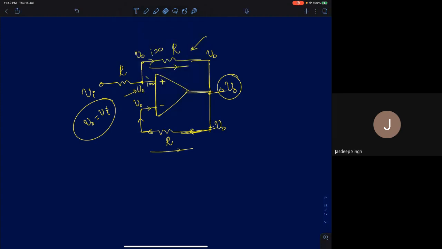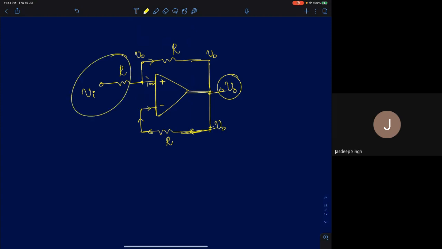Now the next question is, is there some other way of analyzing this? Actually there is; we can analyze it in different ways. One way is to keep this as the input port and try to find the looking-in impedance at this node with feedback present.